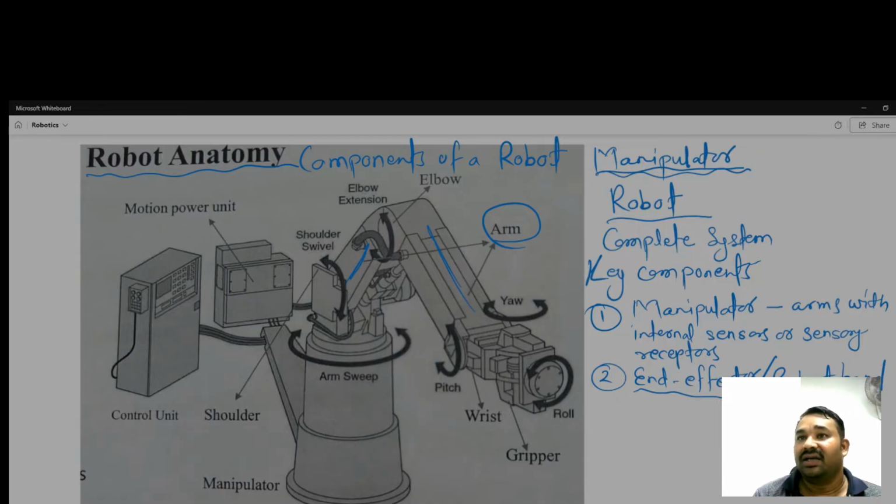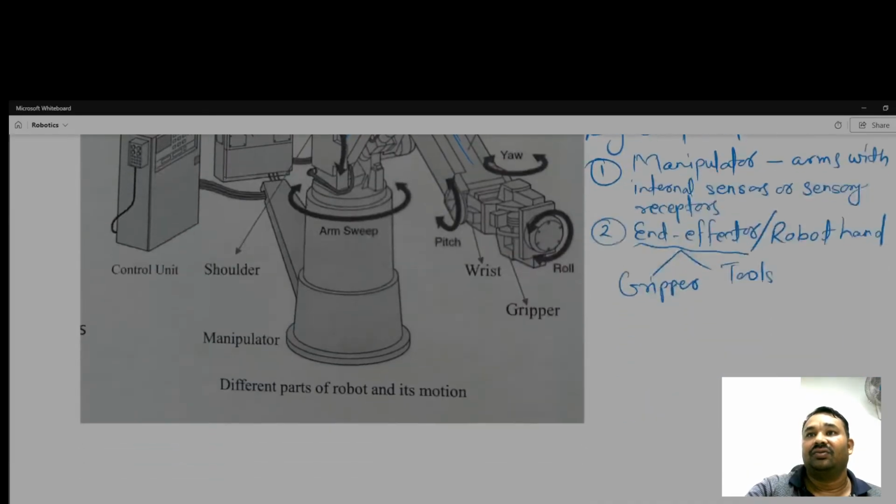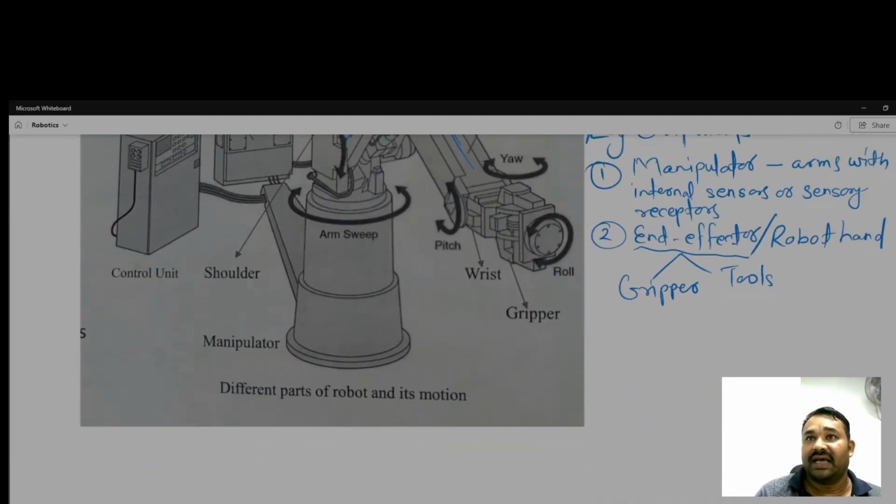And there are two types of end effectors. The first one is the gripper. The second one is tools. Grippers are just for grasping and holding the object.